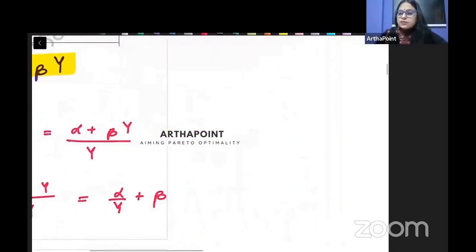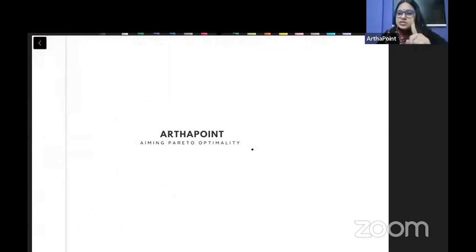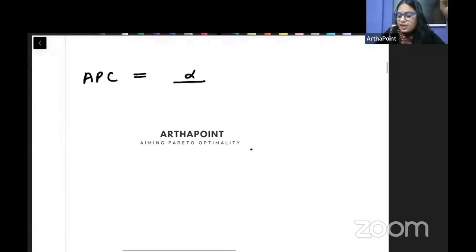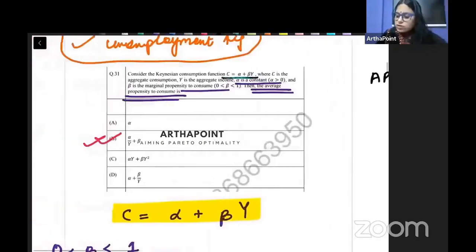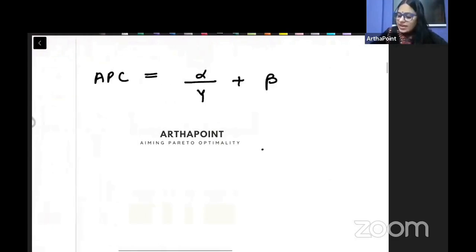But from here, we can go ahead and we can also derive one more important result. क्या मिला हमें? We got average propensity to consume is equal to alpha by y plus beta. But what was beta? Beta was marginal propensity to consume. So can I write this as alpha by y plus marginal propensity to consume?